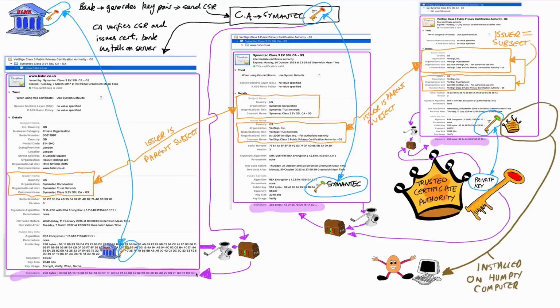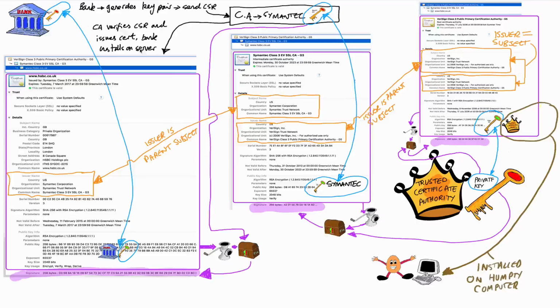Just bear with me. That entire document, which is everything inside the purple box plus the signature that Symantec have just generated, is sent back to HSBC, and HSBC will install that whole thing on their web server.